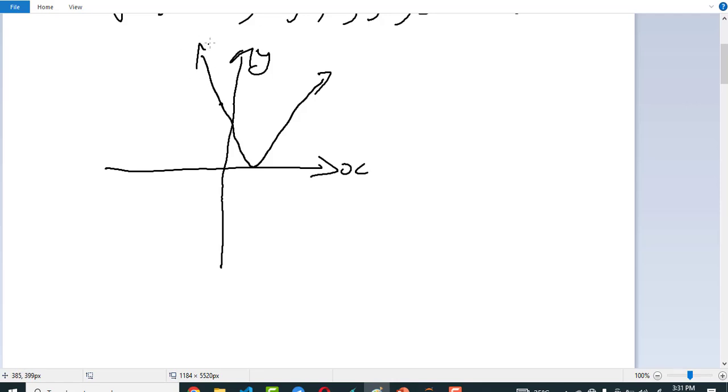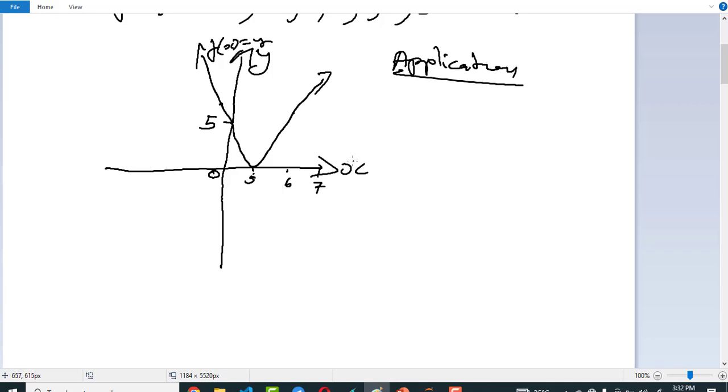This is f of x equals y. Now let us assume this point here, let us call it 5, and this point is 6, and this point is 7. This is our point 0. Now let us apply gradient descent.